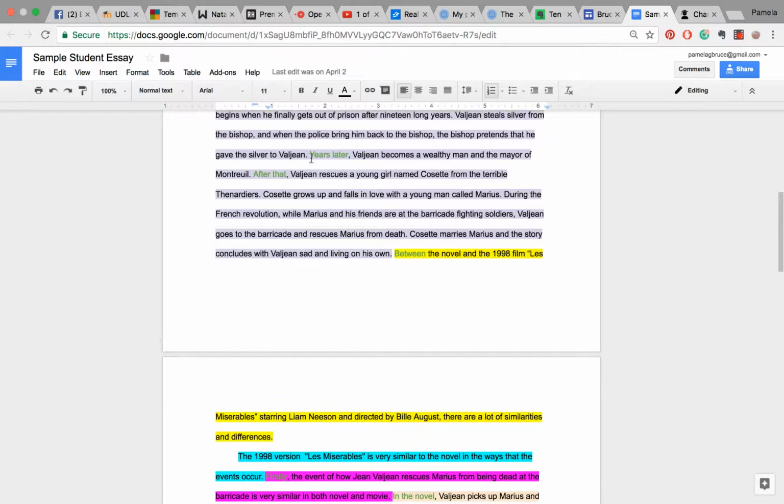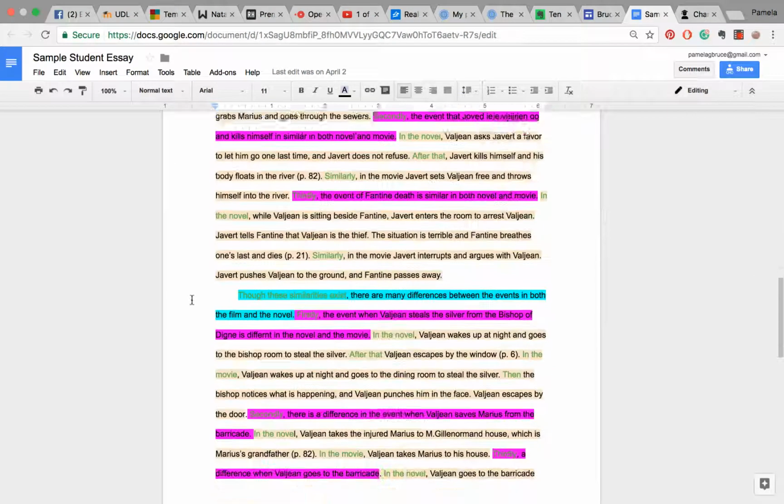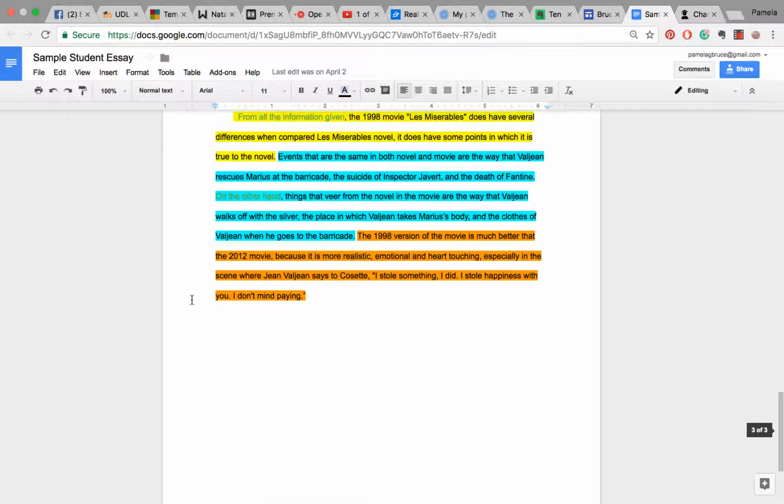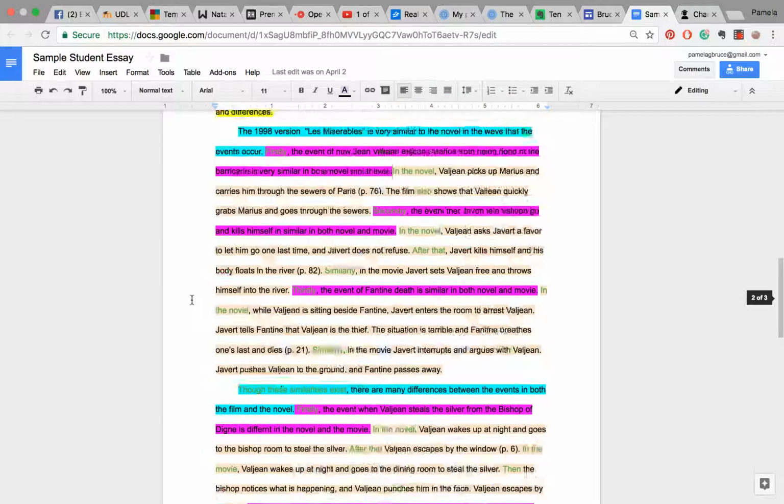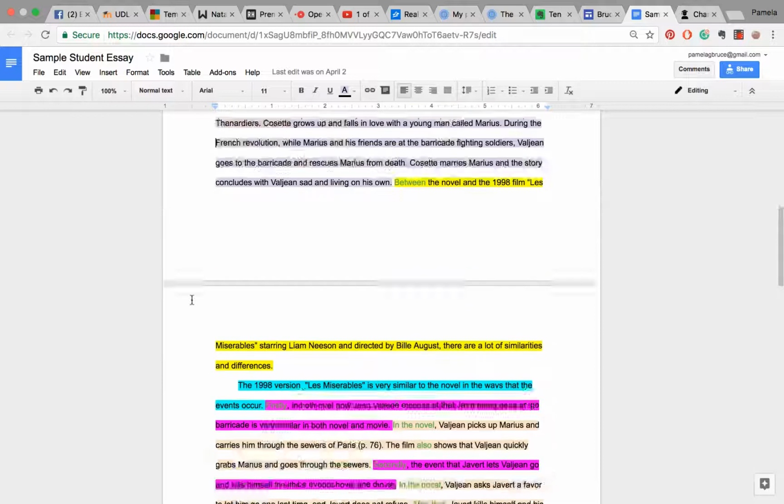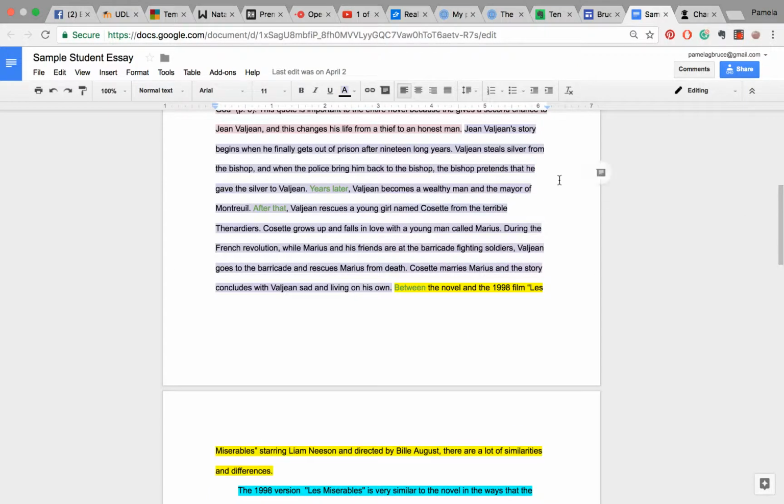I also color code the transition words and phrases for them because that's a very particular area of focus in English 098. And so again, they're given an example that they can use as their model when they're writing their own essays.